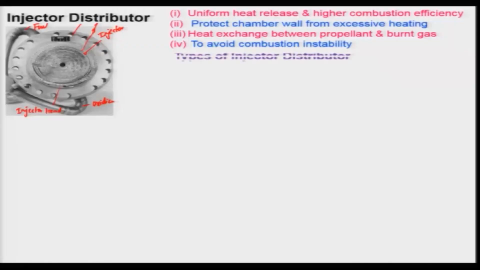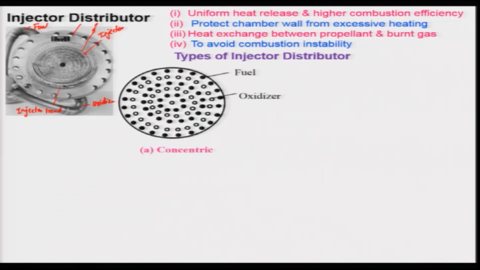So, let us look at only 4 types of injector distributors, and one is the concentric injectors. If you look at this, the filled circles correspond to the orifice of an injector, a single orifice, and that is fuel, and the non-filled circles correspond to the oxidizer orifice.